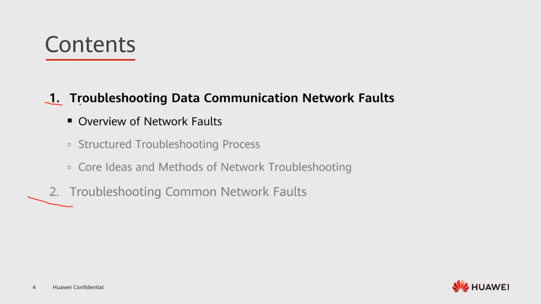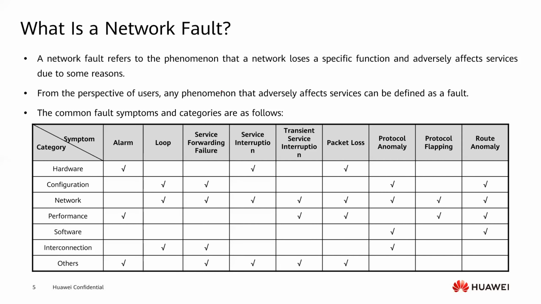First is the troubleshooting theory, and second is a troubleshooting example. If you have learned the slides in HCIP Routing and Switching, you may find them very similar. So what is a network fault?